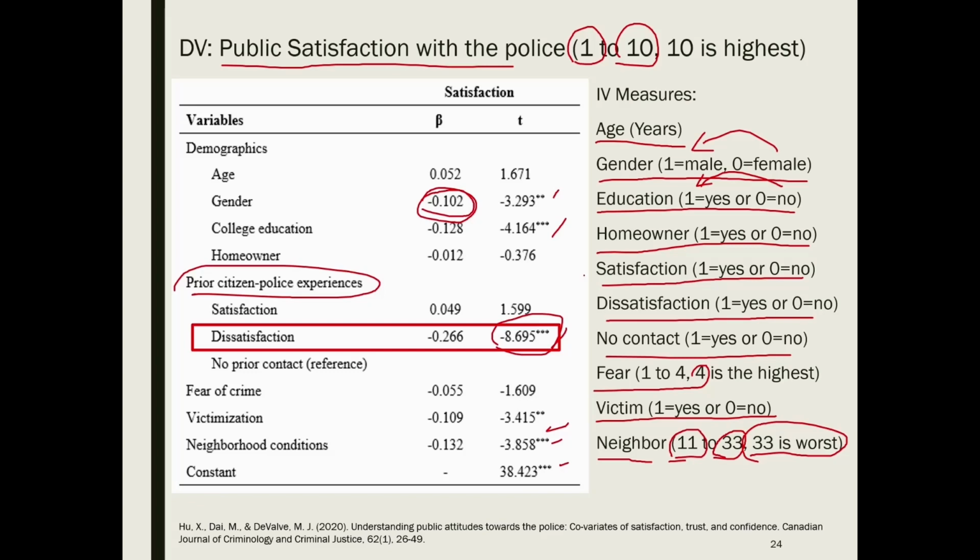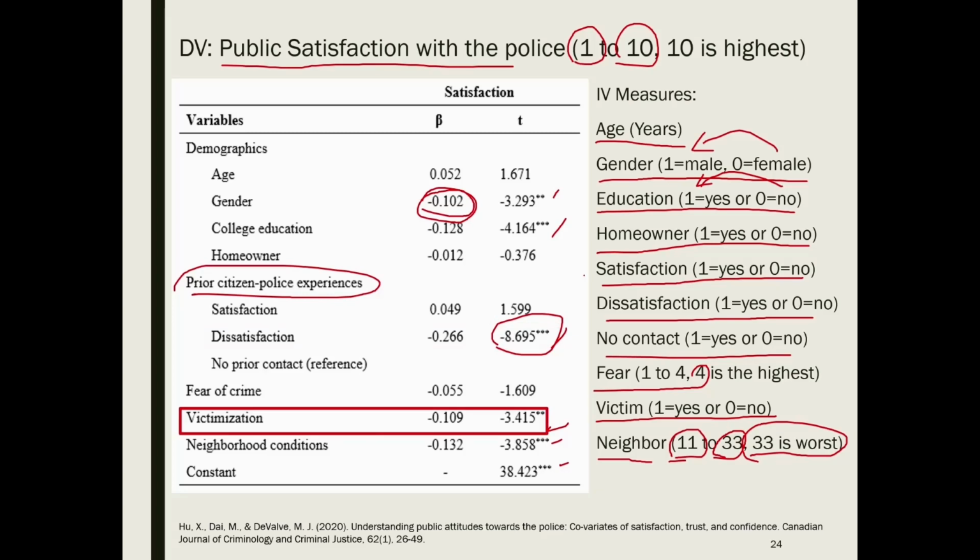Like, I got pulled over by a cop a year ago, and I was not really happy about it. I'm not satisfied about why this cop pulled me over. And then after a year, when you come to interview me, like how do you think the cop's doing? I would remember this dissatisfaction and say, no, I don't like the cop. Okay, that's the meaning of the dissatisfaction in the prior citizen police experience.